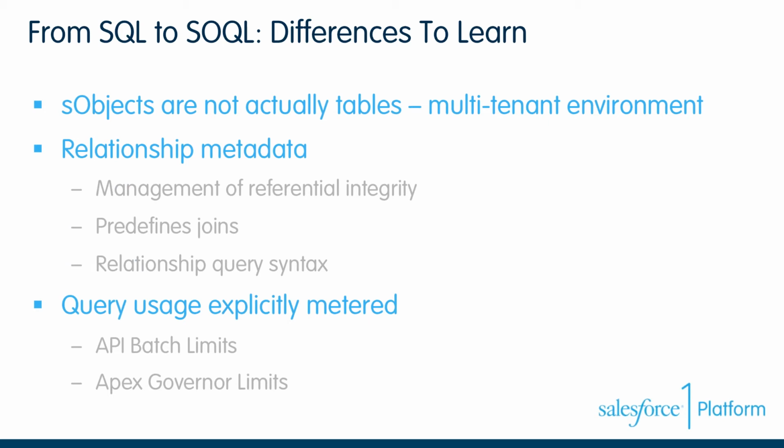We talked about this idea of predefined joins. As you saw in the schema builder, you set up that link, and that is the only way that you can join objects together. You can't just arbitrarily take two tables and some SQL and combine them in some arbitrary way. So effectively, the joins are predefined, and the referential integrity is part of that, as we've discussed with things like cascading deletes and the like.